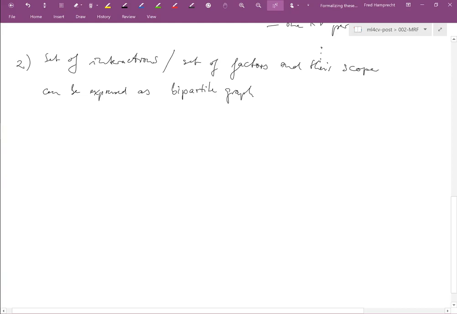So in our case, we have one set of nodes for the random variables and one set of nodes for the factors, to tell us which random variables together enter the expression when I factorize my global distribution.